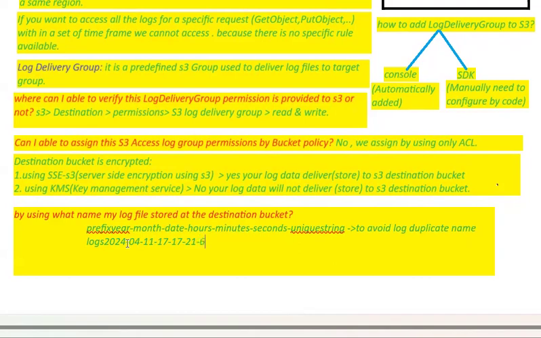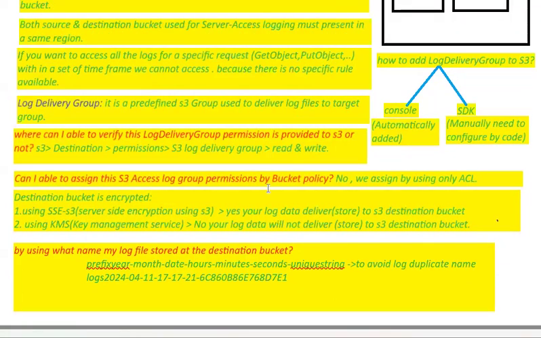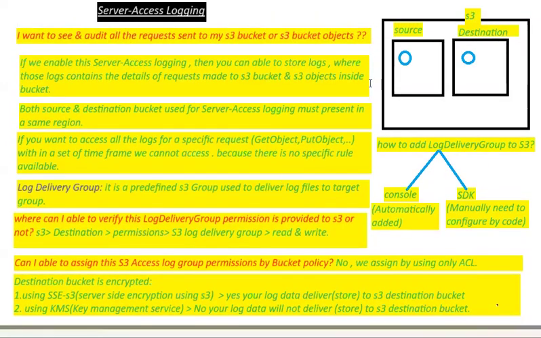So that string will be something like 6 3 8 6. Like this, a unique string will be provided, and in this format your log data will be stored in your destination bucket.